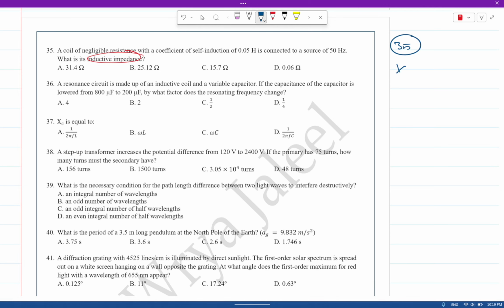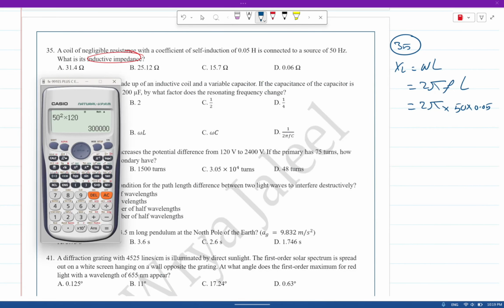So what is XL? We know that XL is equal to omega L. Since we don't have omega directly, omega is equal to 2 pi F, times L. 2 pi times the frequency, which is 50, and the coefficient of self-induction, which is 0.05 Henry.